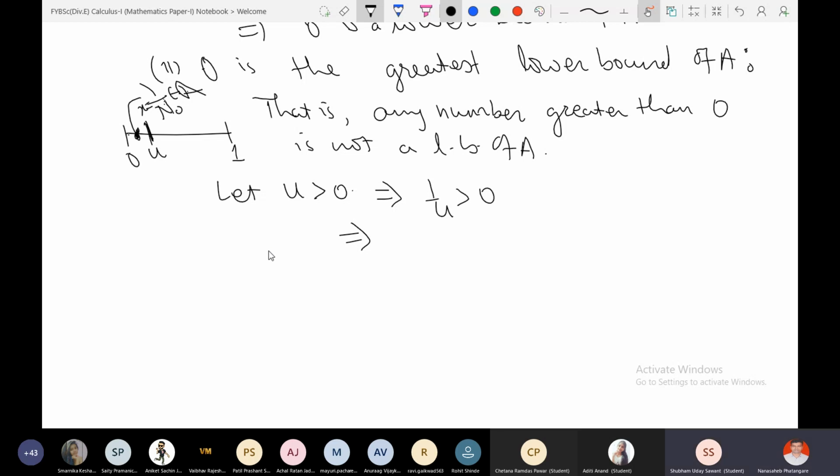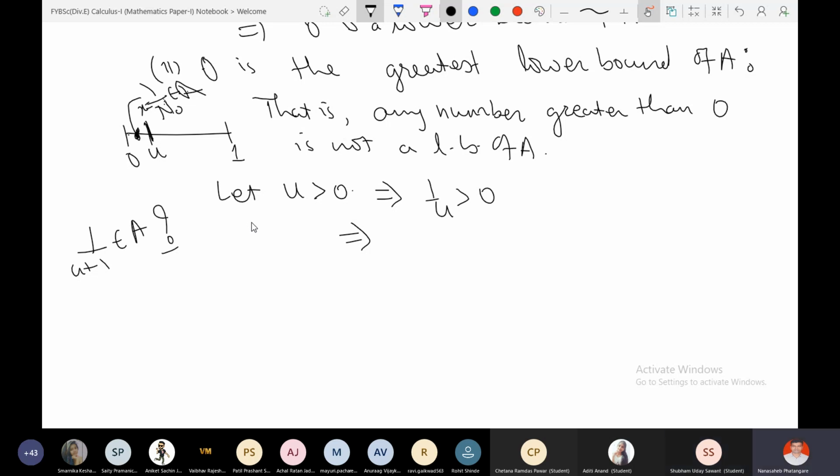We can consider 1 upon u plus 1. But 1 upon u plus 1, what is the guarantee that it is in A? u is not a natural number. u is just a real number greater than 0. Can we write u is equal to 1 upon alpha so that it would be easy to prove?